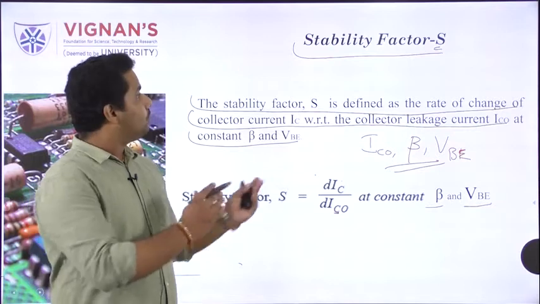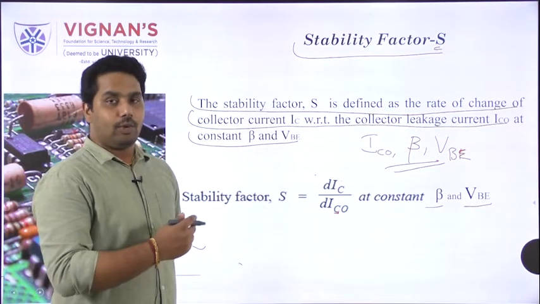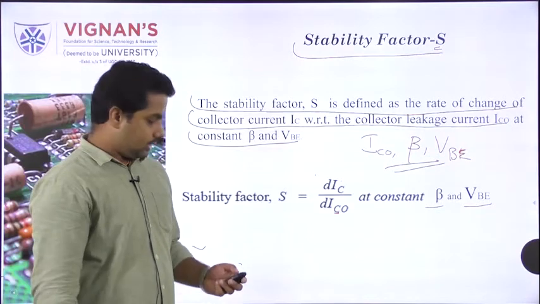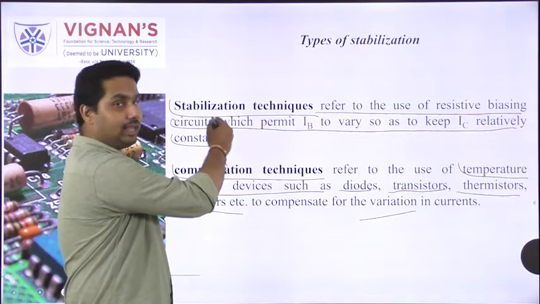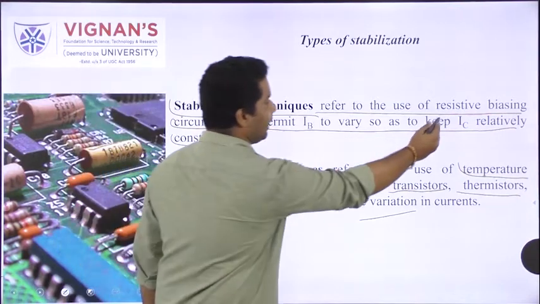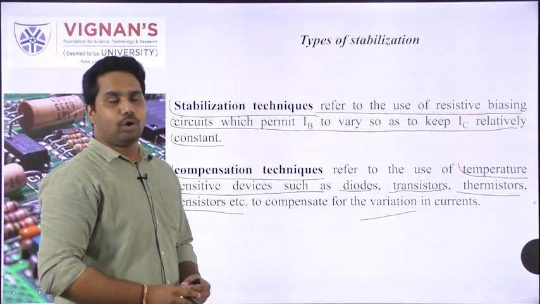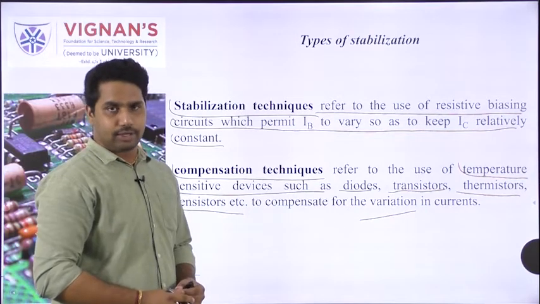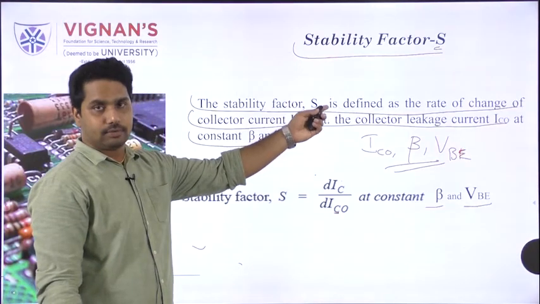Now we have introduced this stability factor, and the first method we are going to consider is stabilization techniques. In stabilization techniques, we are using resistive biasing circuits. We will see the most commonly used resistive biasing circuits, and in each case we have to find the stability factor.